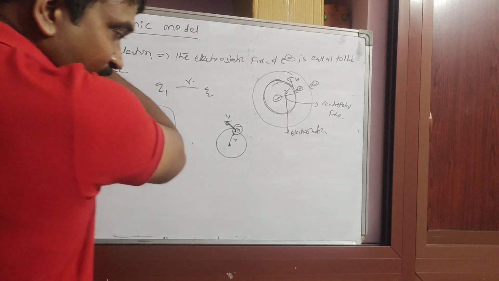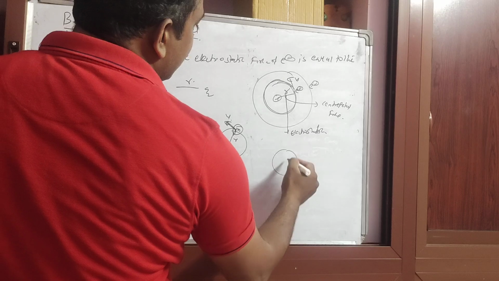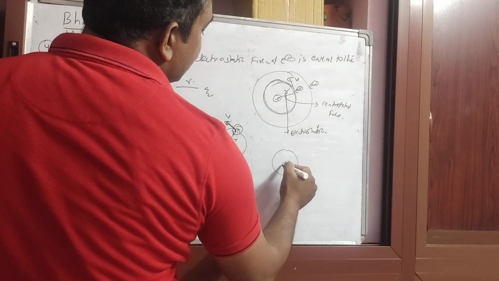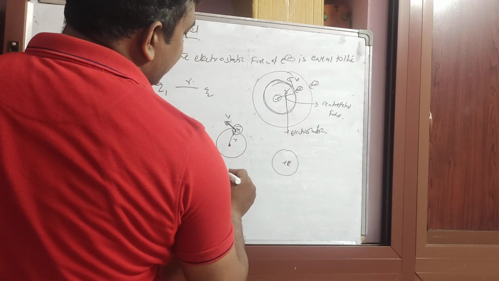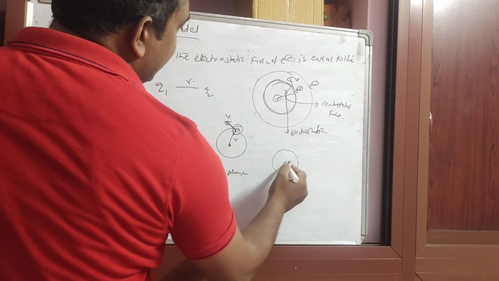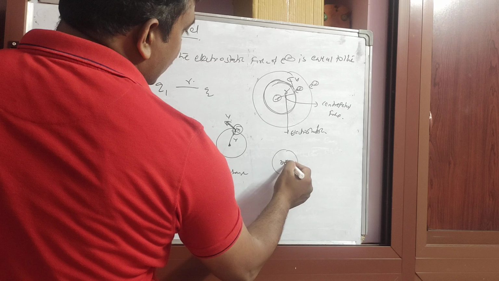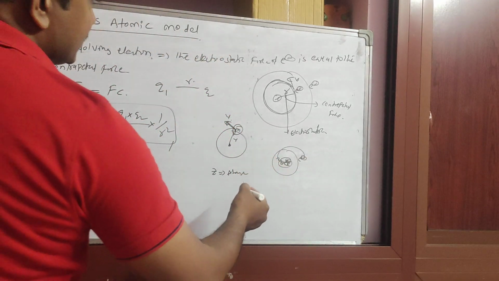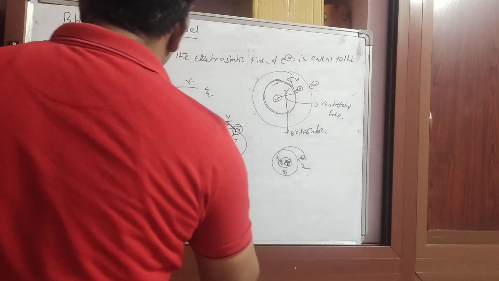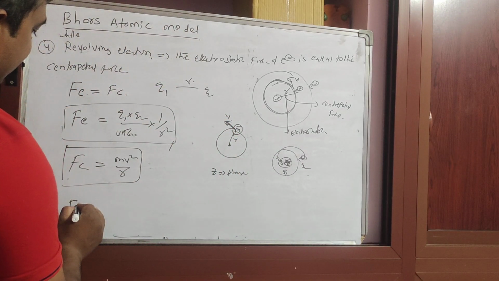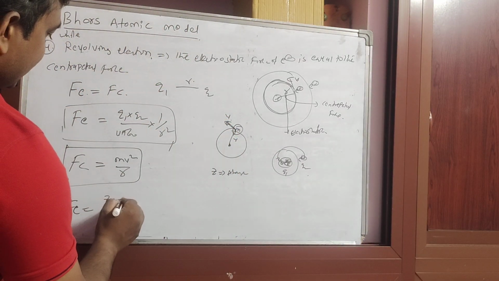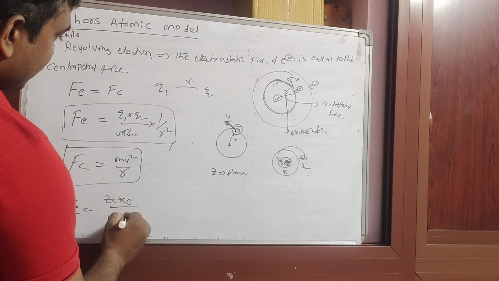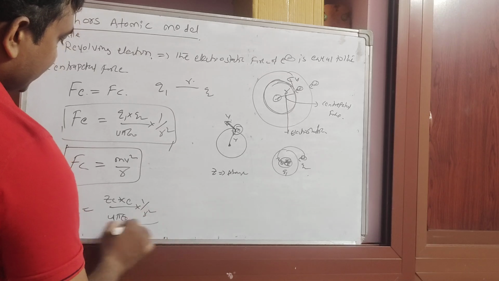If the nucleus has Z protons, where Z is the atomic number, and an electron revolves around it, taking the nuclear charge as q1 and the electron charge as q2, the electrostatic force is Ze into e by 4 pi epsilon naught into 1 by r square.